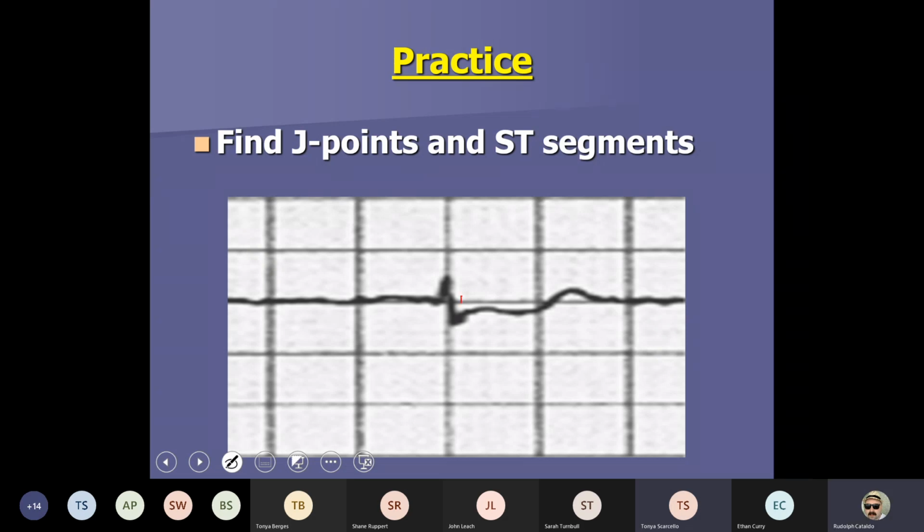Let's find our J point. So that one's depression. Okay, where's my J point though? Right after the 3. Okay, except, what number is that? 1. Oh, sorry, 1. There's my baseline. I would consider that probably a millimeter of depression, indicating potential ischemia.